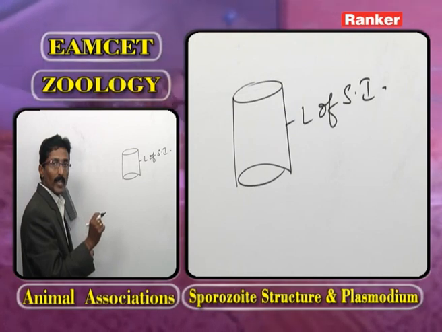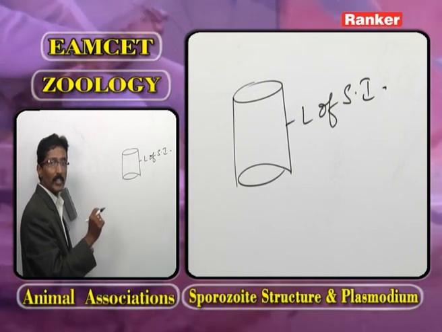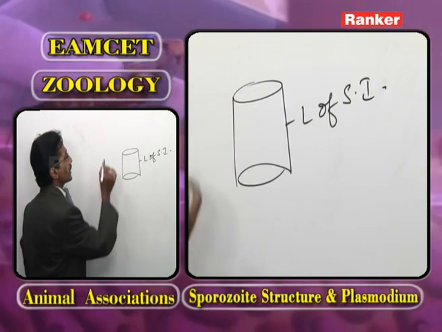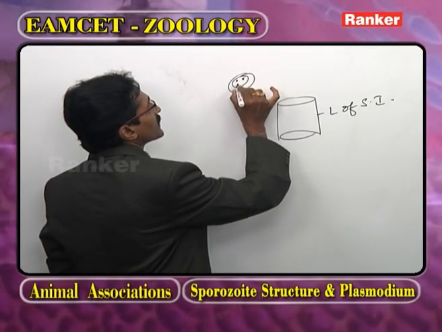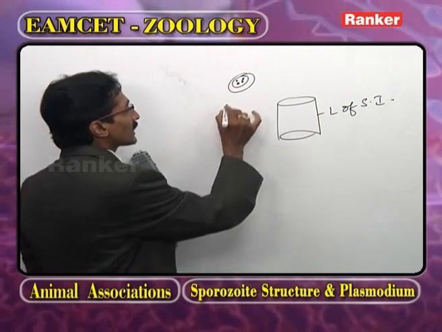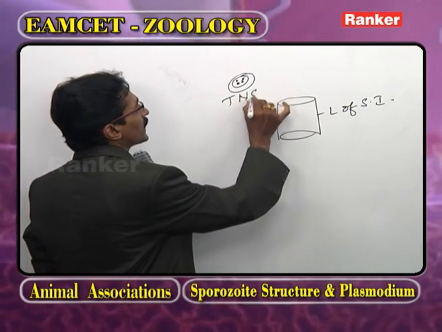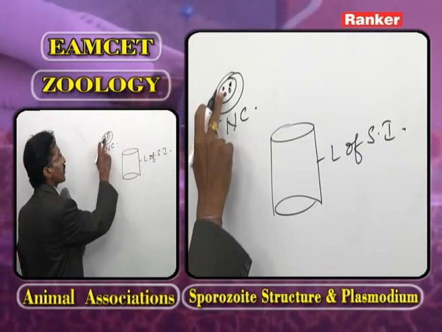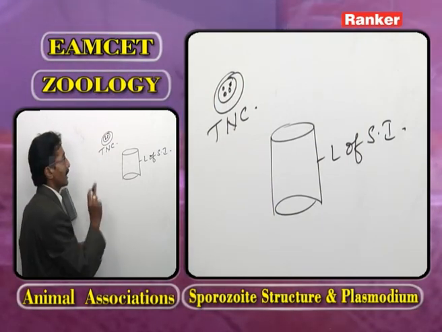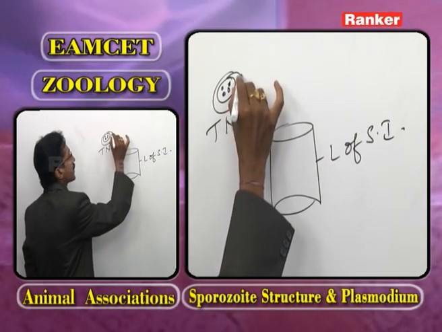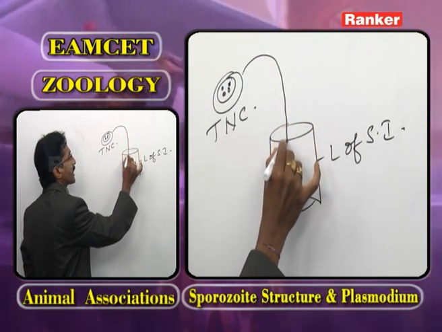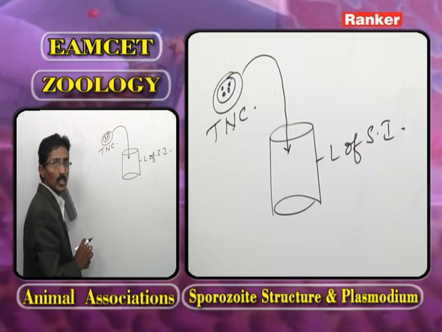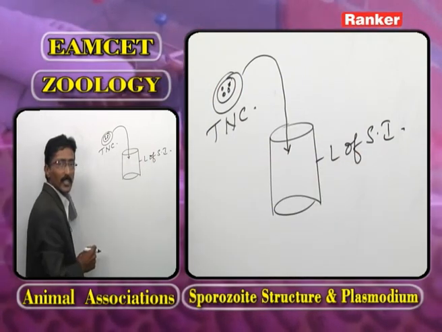Whenever the human being takes contaminated food and water, along with the contaminated food and water, what stage enters into the body of the man? That is the tetranucleated cyst. How many nuclei are present? 4 nuclei. Now, the tetranucleated cyst passes through different parts of the alimentary canal and enters into the cavity of small intestine.